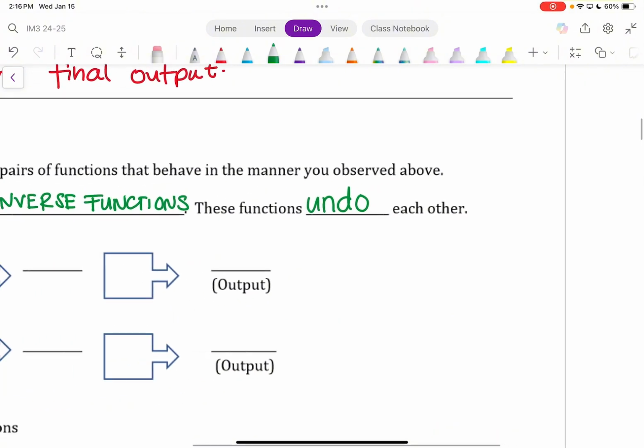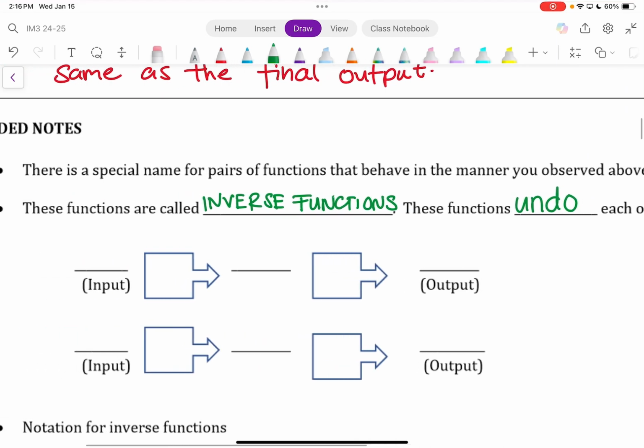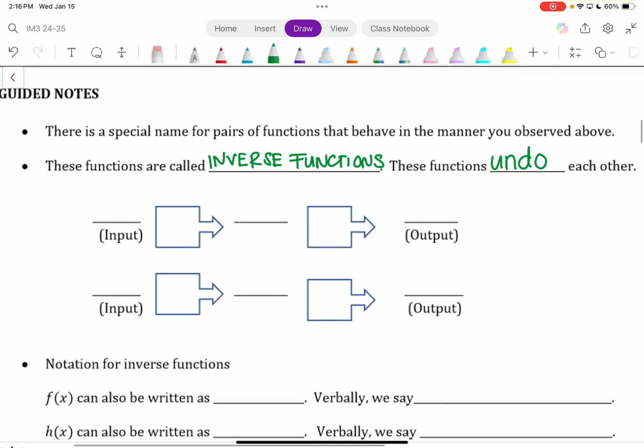Okay? So here are the blanks. The first blank, inverse function. Second blank, undo. Now, I am going to fill in the following using problems C and D as an example. This is kind of like a flow chart here. So in problem C, we start with an input of what?